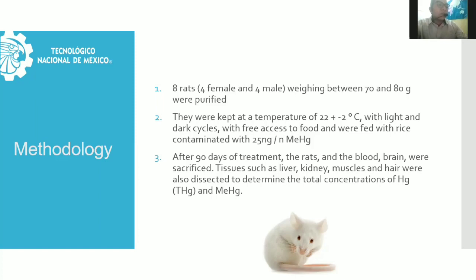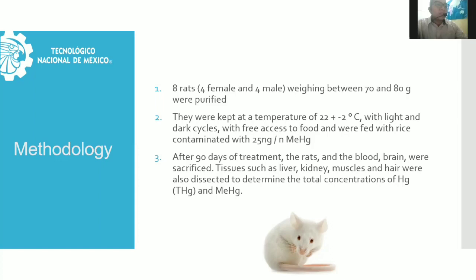After that, the rats were kept in an environment with light and dark cycles, simulating day and night. They were fed with rice contaminated with mercury, and they had free access to food.